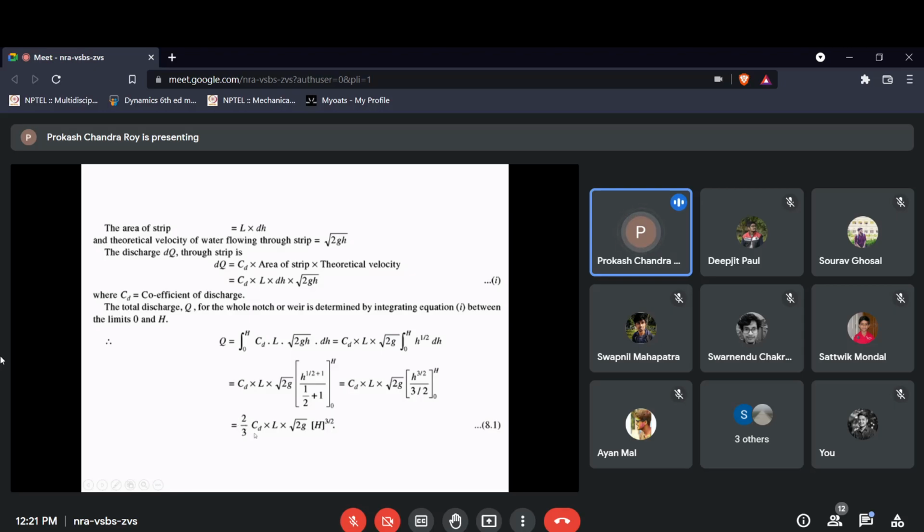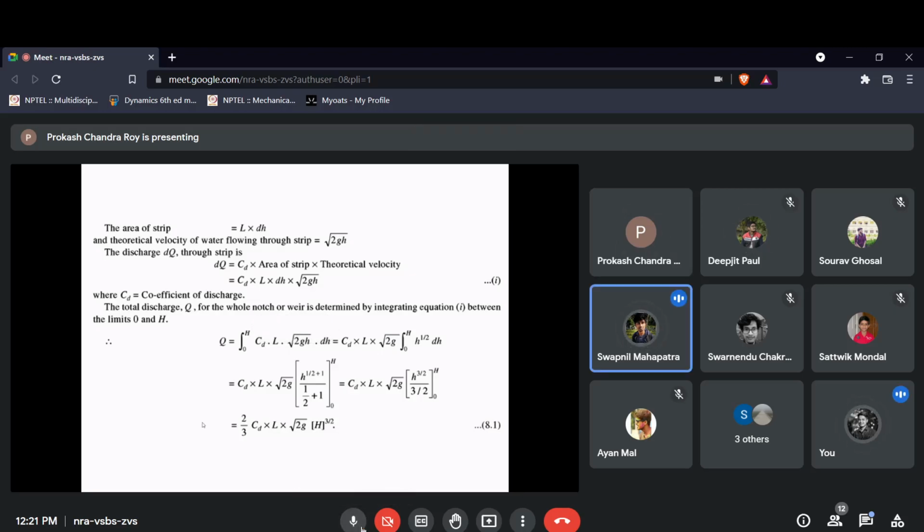So this is the formula. Based on the measurement of h, you can measure the actual discharge. We only need to measure the height of the water that passes over the weir or notch. Got the idea?